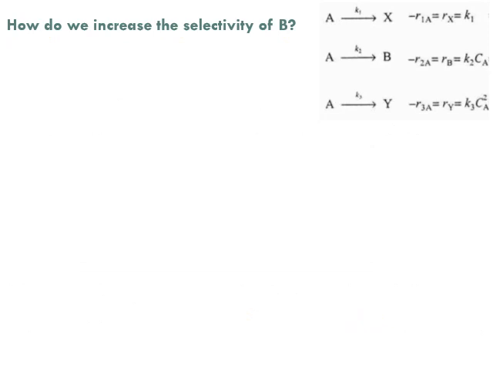So the question is, how do we increase the selectivity of B? In order to answer this, we need to look at the instantaneous selectivity, because this gives us insight into what to do. So the question becomes how to increase the instantaneous selectivity.